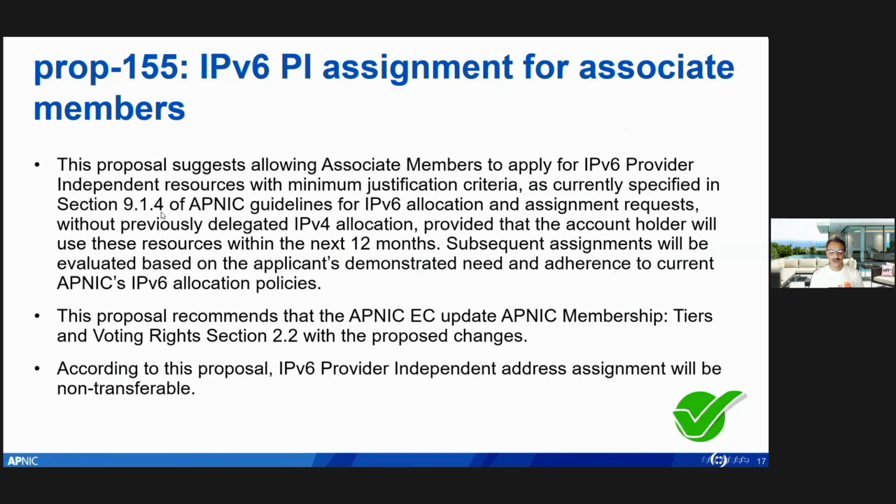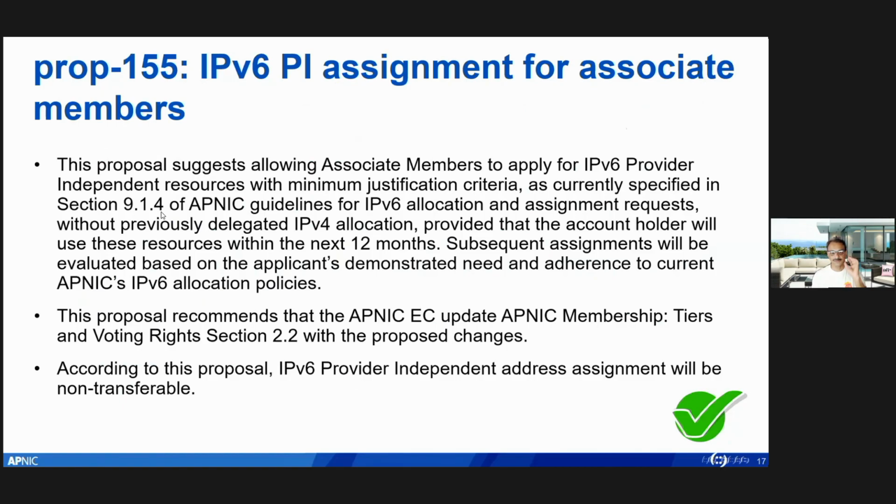So they made a recommendation in the proposal for the EC to consider changes to APNIC membership tiers and voting rights in that membership document. And according to this proposal, whoever receives this IPv6 independent address space cannot transfer it. So if they receive those IPv6 resources, they have to use them. They cannot transfer them to others. So they are non-transferable. If they don't want to use them, they return them to the NIRs or back to APNIC.